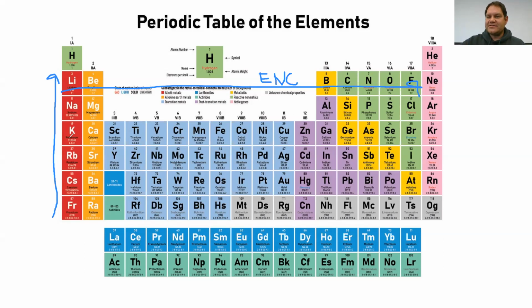So going across is based on the number of protons in the nucleus, or the increase in nuclear charge. Going down the periodic table, it's really based on the distance a valence electron is from the nucleus of an atom. Okay, I hope I've made that clear enough, because that is really super important for you to understand.